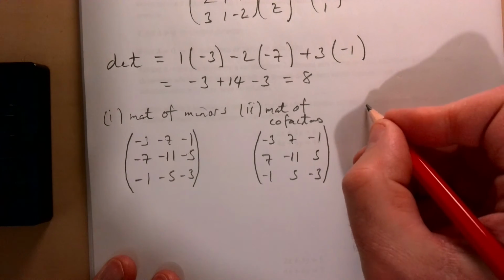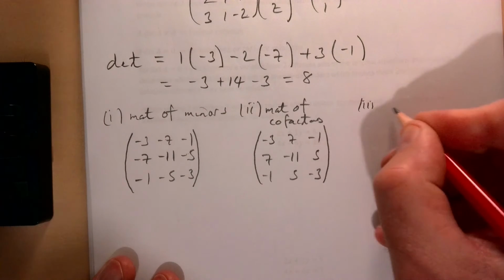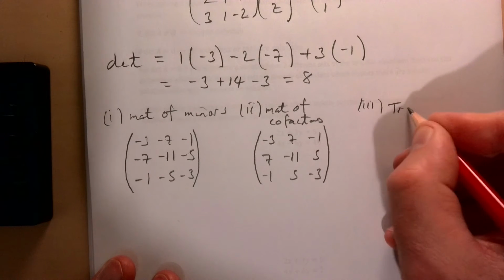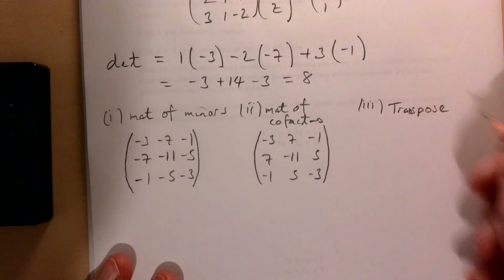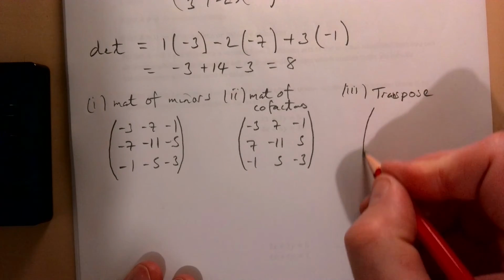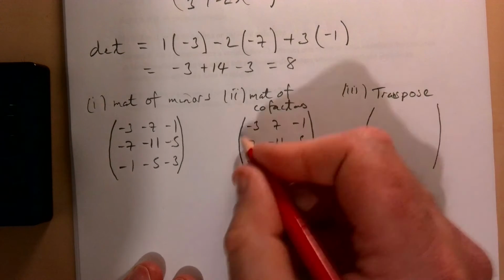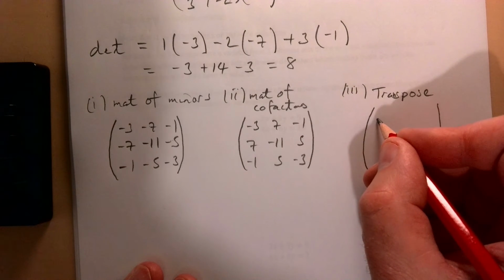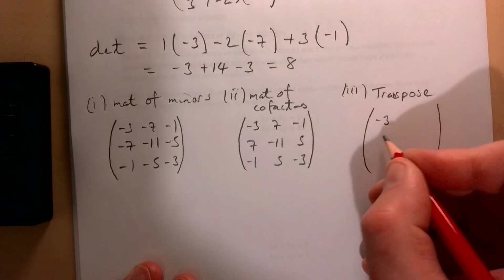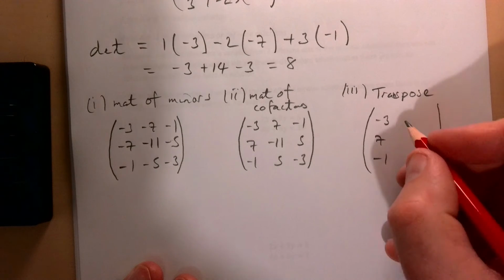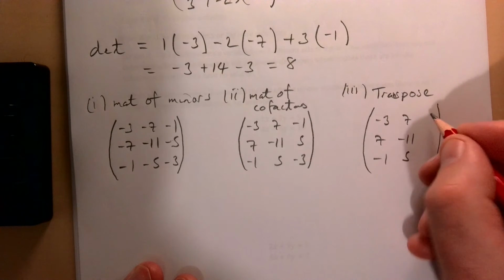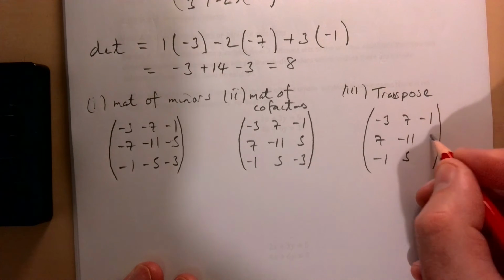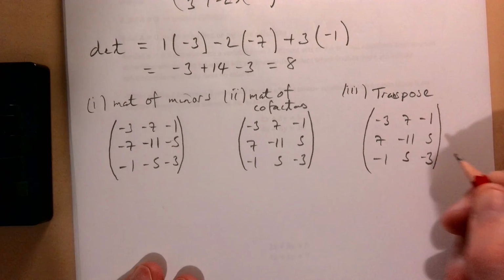And then our third part is, hopefully you can see okay, we're going to transpose it. I really struggle to spell transpose today. So I change my first row for my first column. Weirdly it doesn't affect it because it's a symmetric matrix. So -3, 7, -1, 7, -11, and 5, -1, 5, and -3.